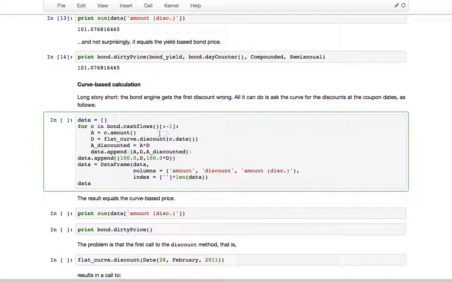The problem is that in this case, the curve doesn't know the reference period over which the time and therefore the discounts should be calculated.